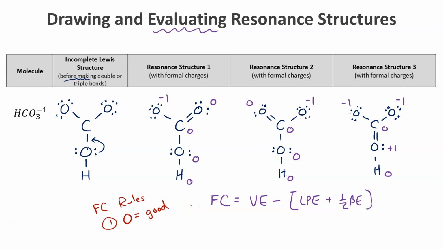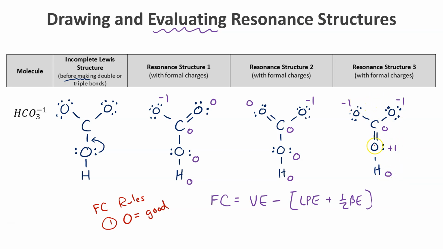Zeros are what you want. If you're setting up the electrons in a Lewis structure, if an atom has a formal charge of 0, you have done a good job with that electron arrangement. So we can use that to pick, of these resonance structures, are any of them better than the others? If you go down here to this resonance structure 3, there's only 2 atoms that actually have a 0.